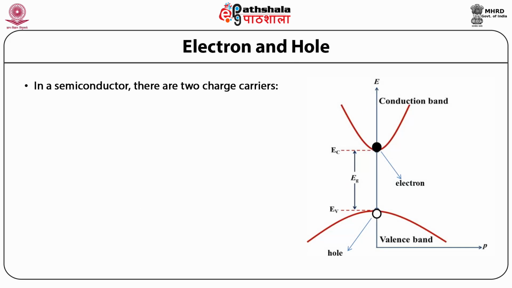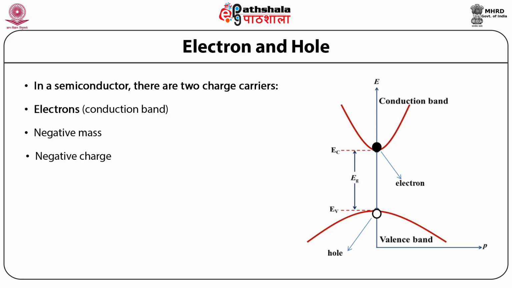Now in order to get the relationship between the effective mass and the momentum, first we'll consider the energy and momentum relationship for the electrons present in the conduction band at energy close to the minimum EC, which is given by E minus EC is equal to P square by 2 Me star, where Me is the effective mass of the electron.